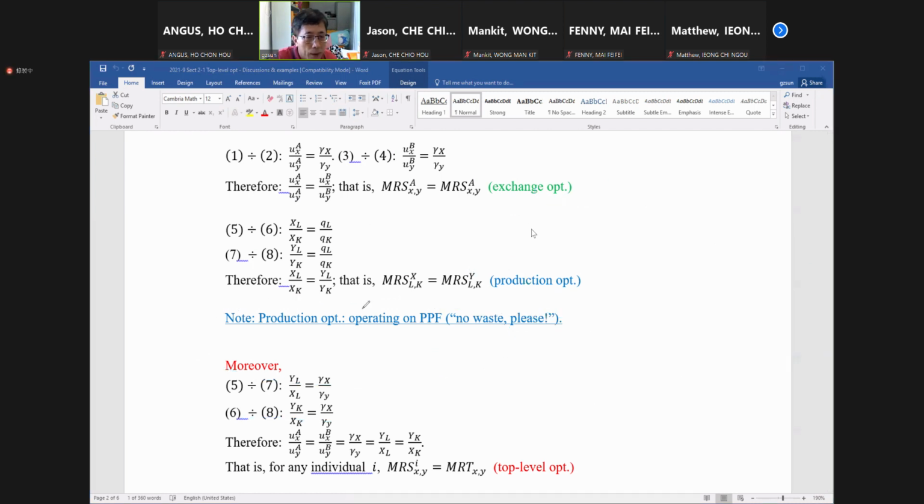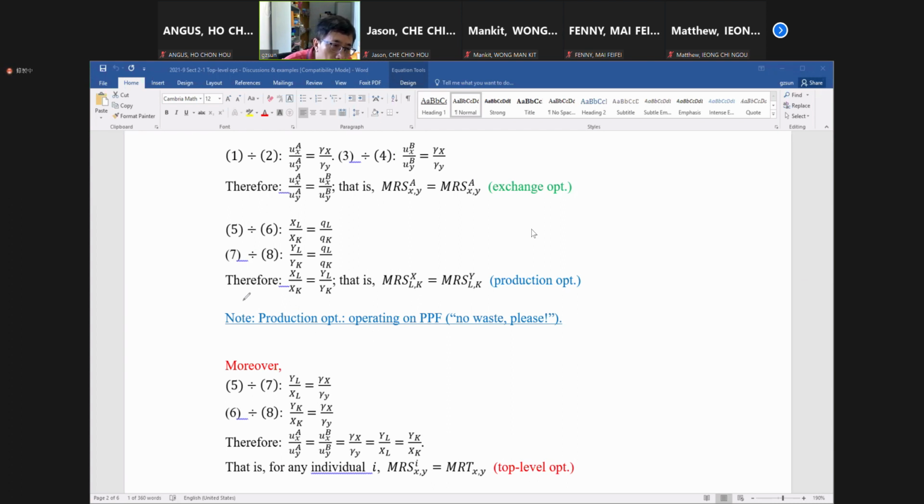Okay, one more point I would like to make about the production optimum. This basically means technical efficiency. We organize how to make use of the material, labor, and capital to produce as much as we can.